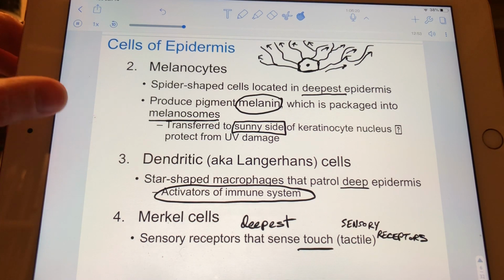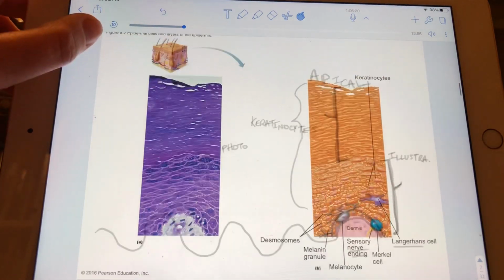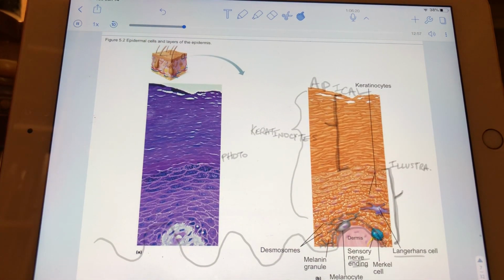Okay, moving on to slide 7. This image is very helpful. We're going to label this particular image tomorrow. So right now it looks really, really clean, but we're going to make a mess out of it. So this one, the left side, is a micrograph.